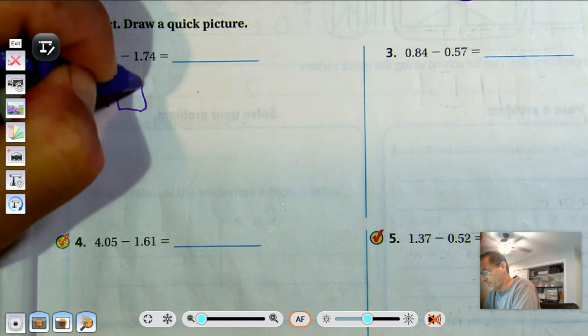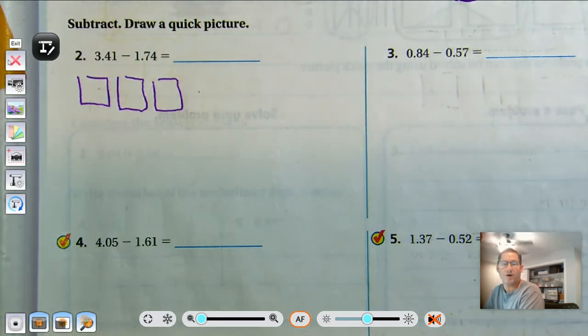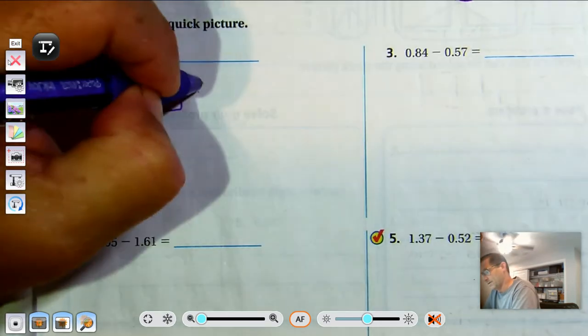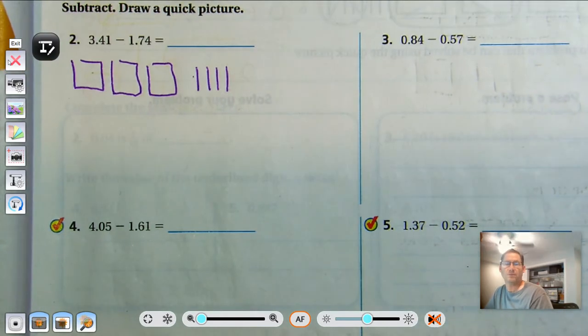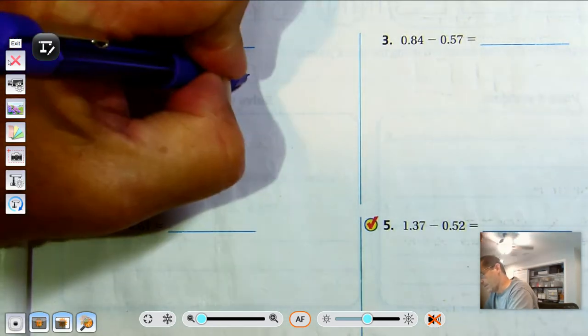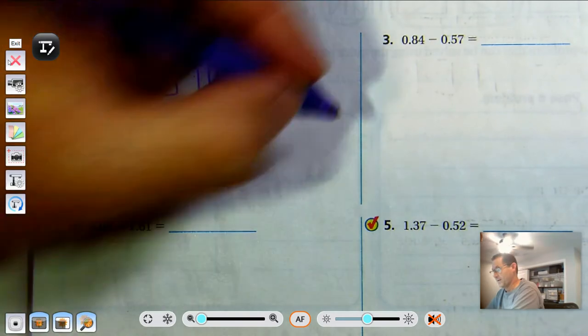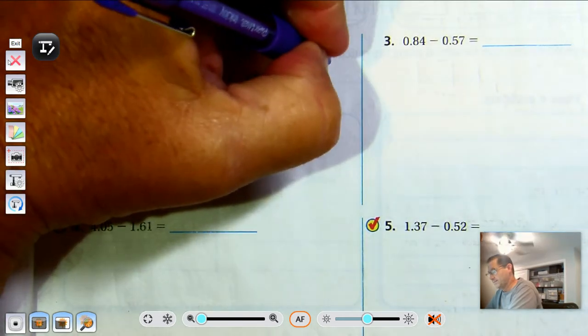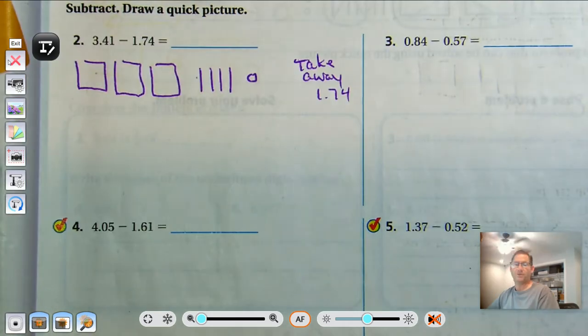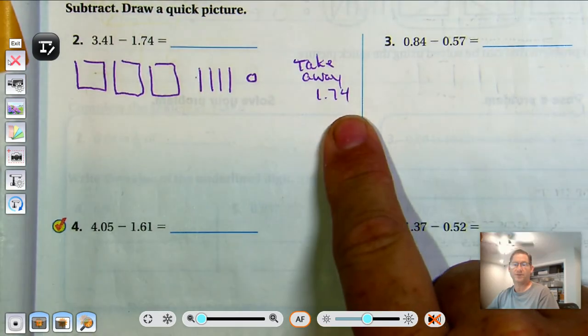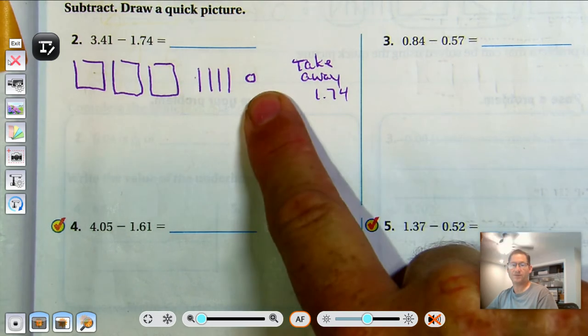So we're going to represent the 3 with 3 boxes. The 4 tenths of 41 hundredths would be 4 lines. And we would have 1 hundredth. And we're asked to take away 1 and 74 hundredths. So let's start with the hundredths. Can I take away 4 hundredths?